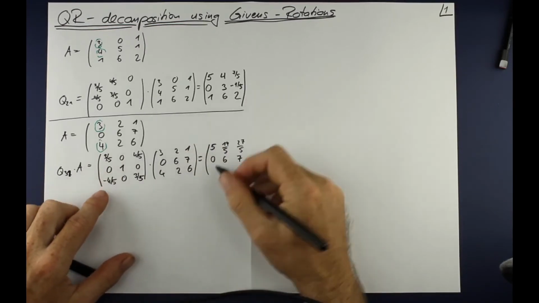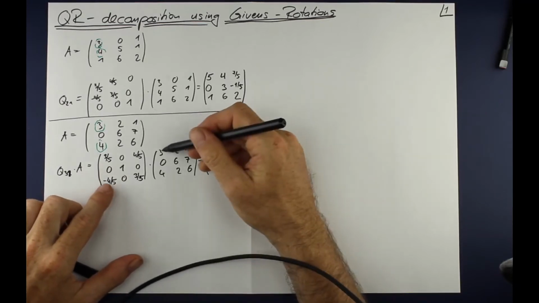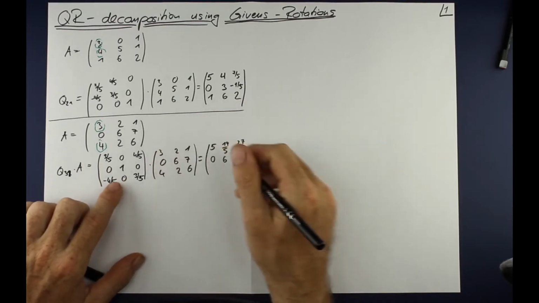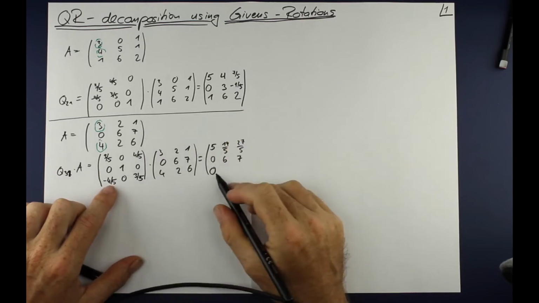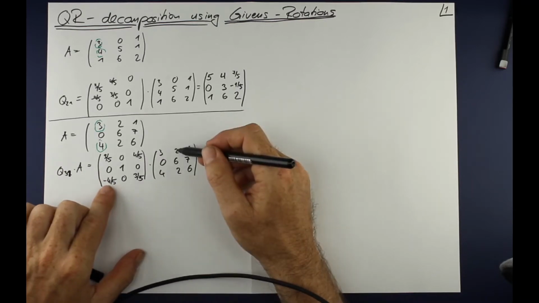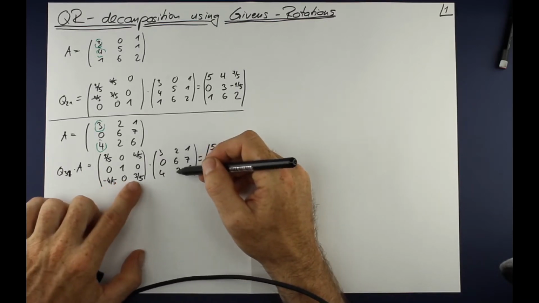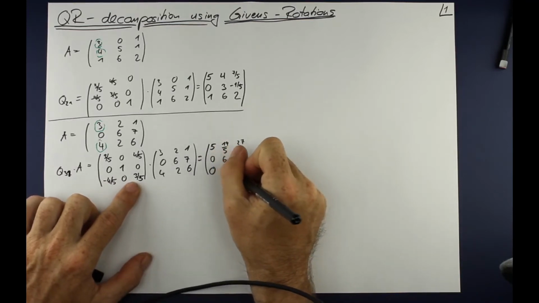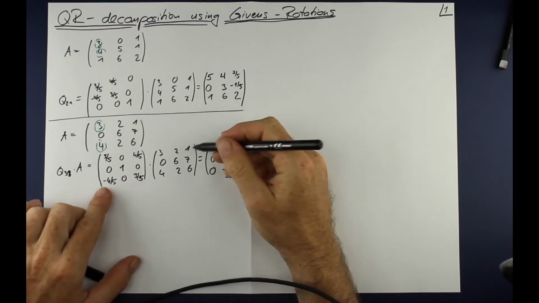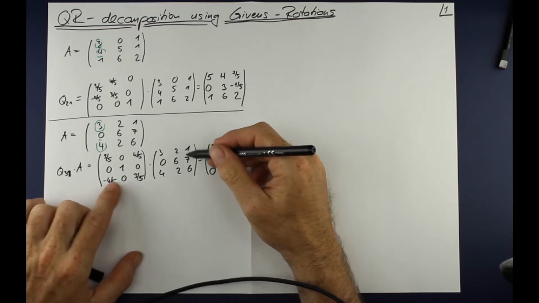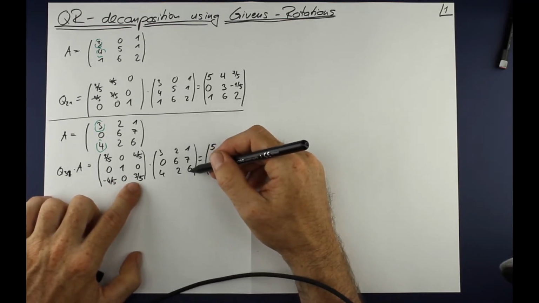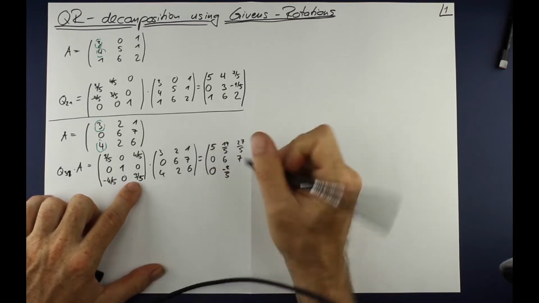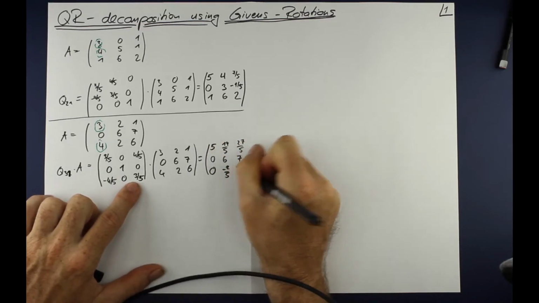And the third line, now the interesting entry, minus 12 plus 12 and a 0 in between. So we get the desired 0. Minus 8, 0, 6 divided by 5. So it's minus 2 divided by 5. And minus 4 divided by 5 plus 18. So it's 14 divided by 5.